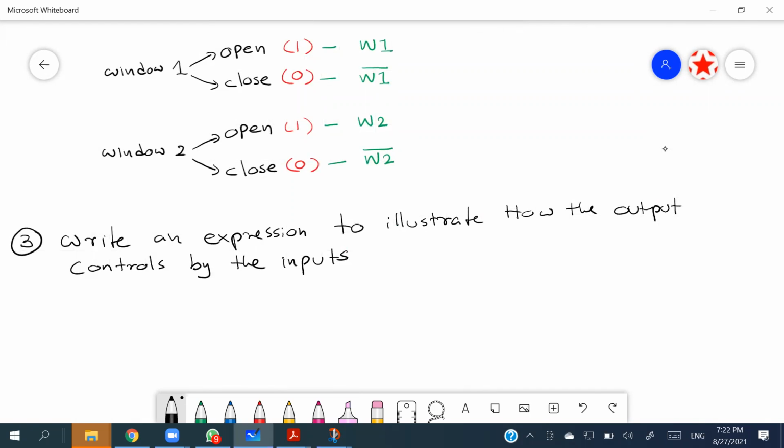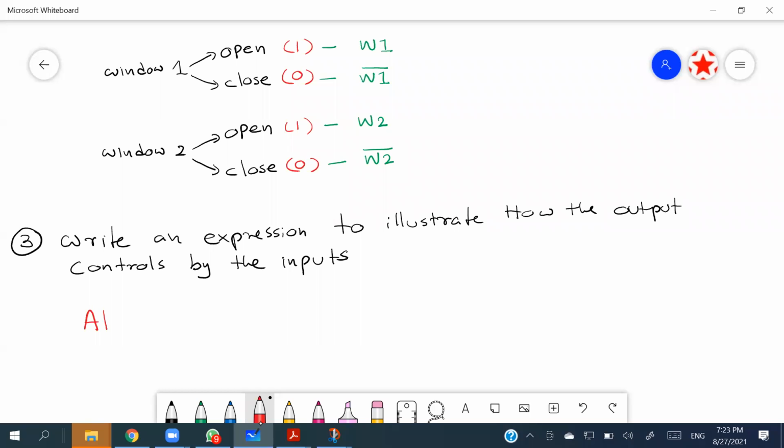Now for this, I'm going to write something like this. This is very easy. Make a scenario. What I meant here is a phrase like this, right?